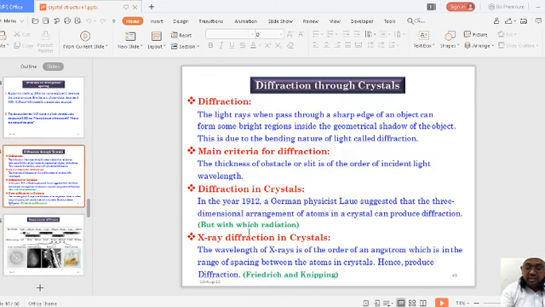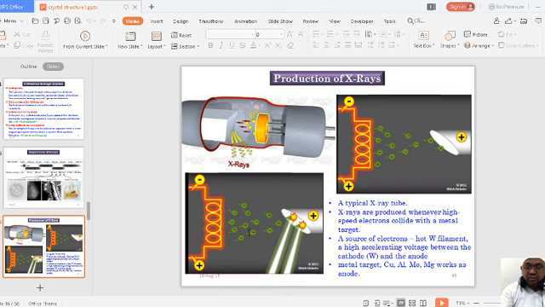The production of X-rays is a normal phenomenon that we already studied in your lower classes. To refresh your previous knowledge, here is a schematic diagram showing how X-rays are produced.